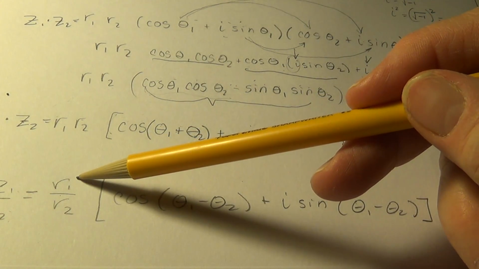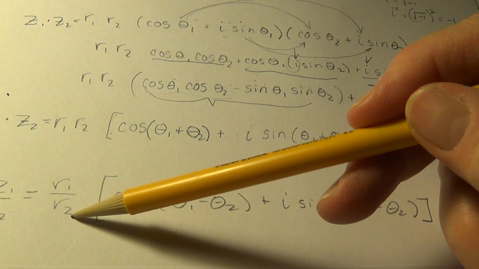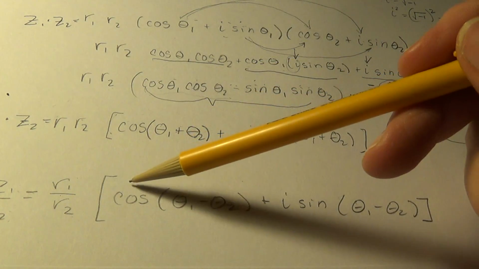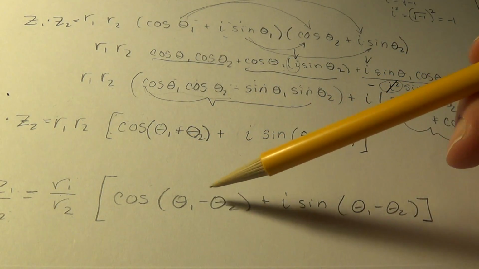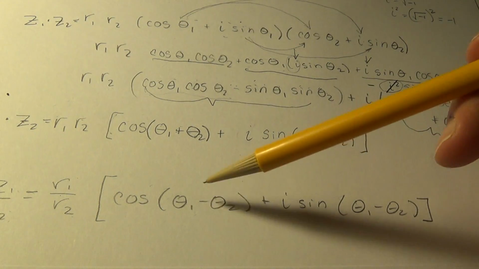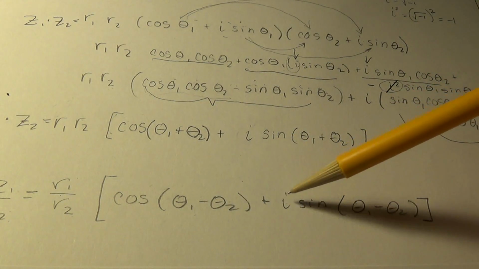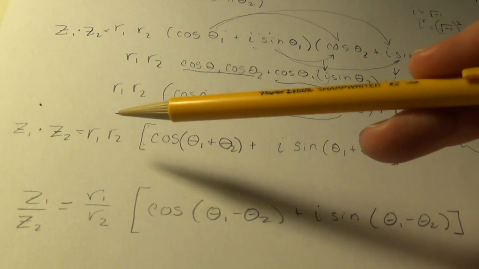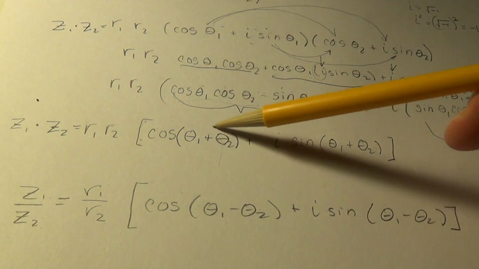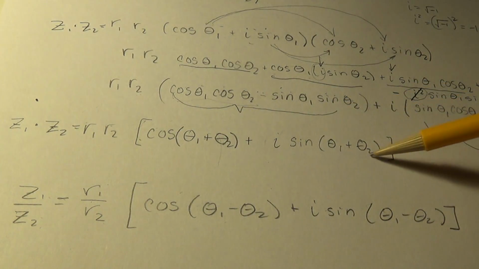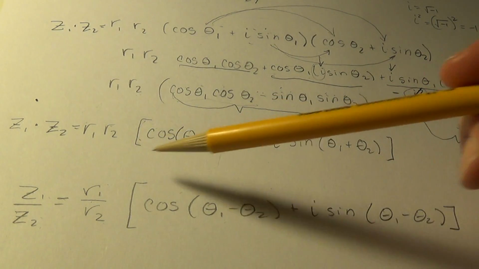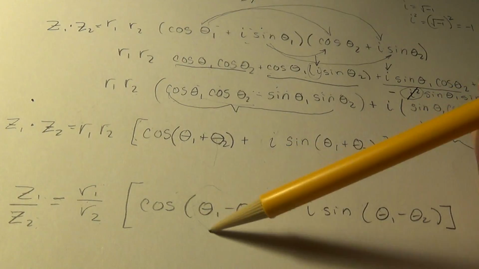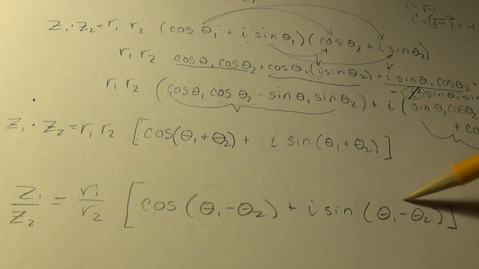You get r1 divided by r2, times cosine of theta 1 minus theta 2 plus i sine of theta 1 minus theta 2. So notice multiplication involved adding the angles, the arguments, and division involves subtracting the arguments.